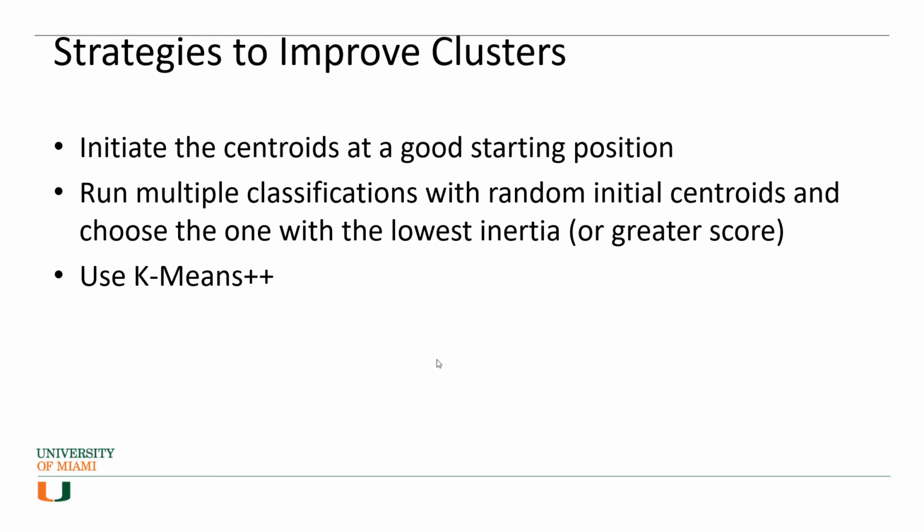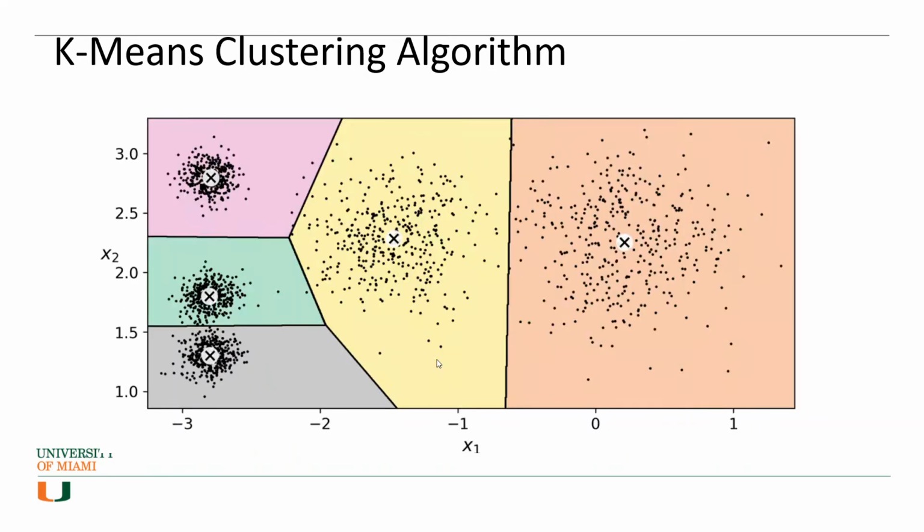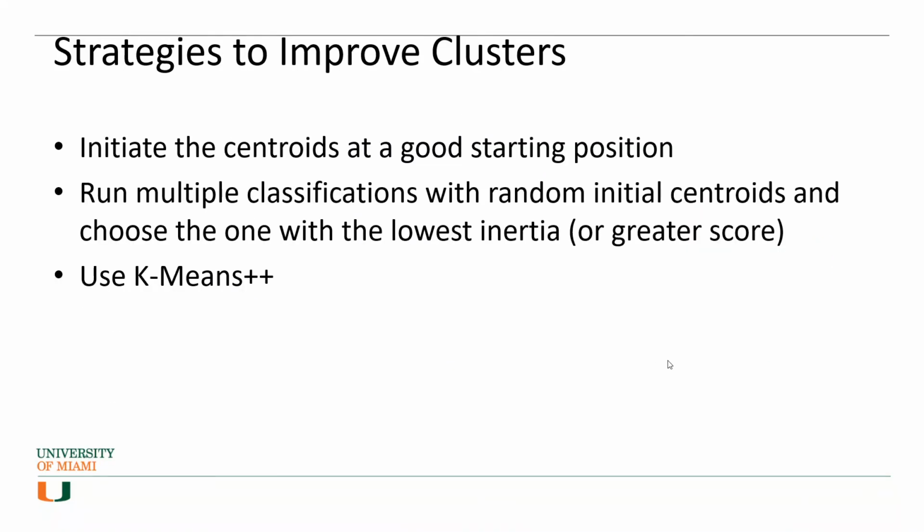So we are going to basically be able to compare these 3 possible clustering outcomes using their inertia and choose the one that has the lower inertia or the greater performance score in Python as our best one. This is assuming that we have already decided on the number of clusters that we want, right?